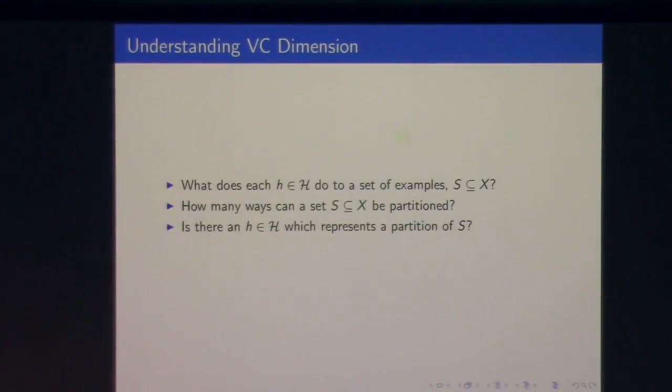Two to the power of size of S ways, right? Because I can color everything red, I can color everything blue, and then you know the story. I've said it many times. But the idea is that you can partition a set S in many ways, which is 2 to the power of |S| ways. Now the question that VC dimension asks is: is there a hypothesis in this big bag that will also color every possibility in one way? Let me try to explain it in a slightly different way.